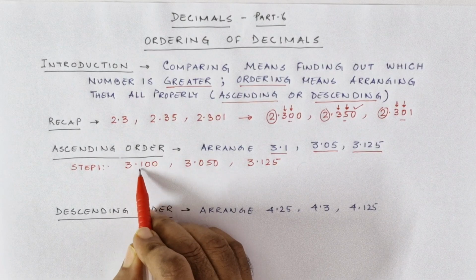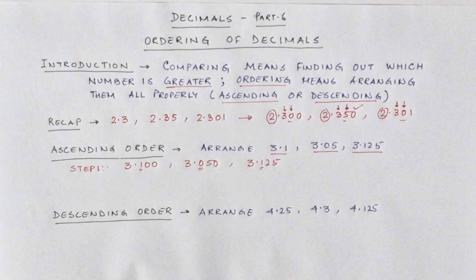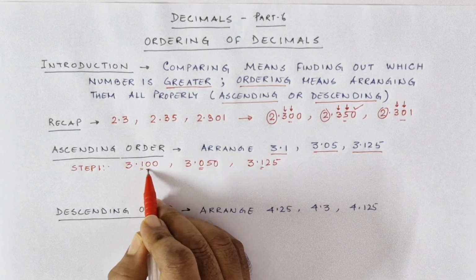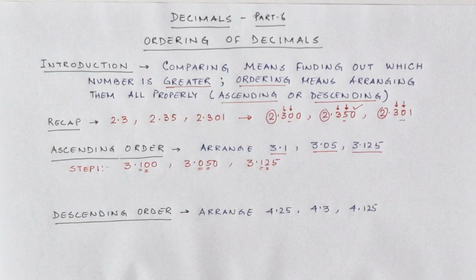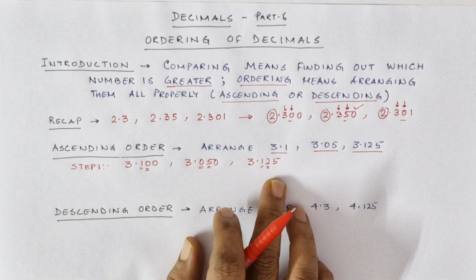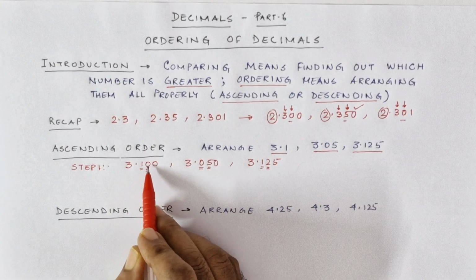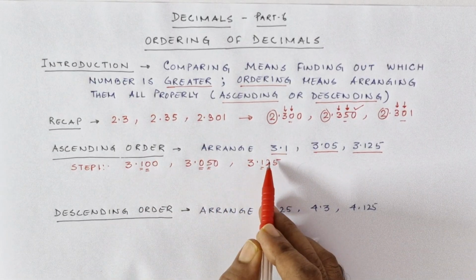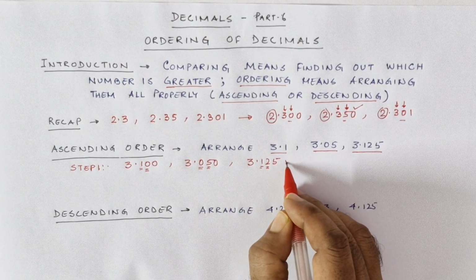This is 1, this is 0 and this is 1. Got it? Now the 100th digits: this one is 0, this one is 5 and this one is 2. So out of these 3, which one is the highest? This is 10, this is 05, this is 12. So this one will be the highest.